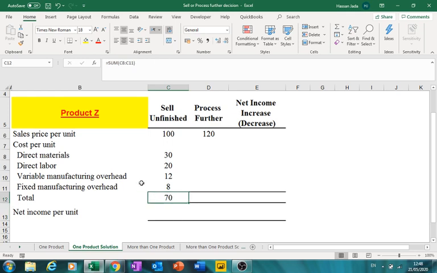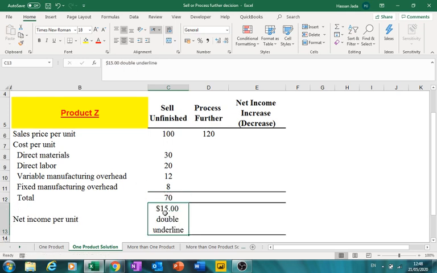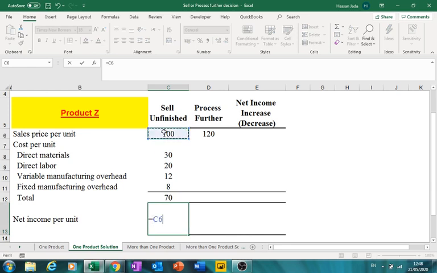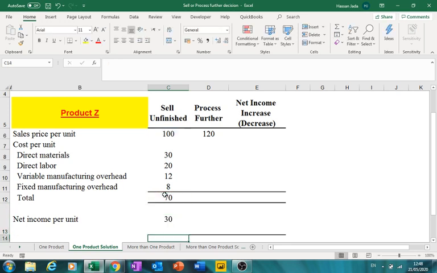So $100 minus 70 equals $30, the net income per unit.